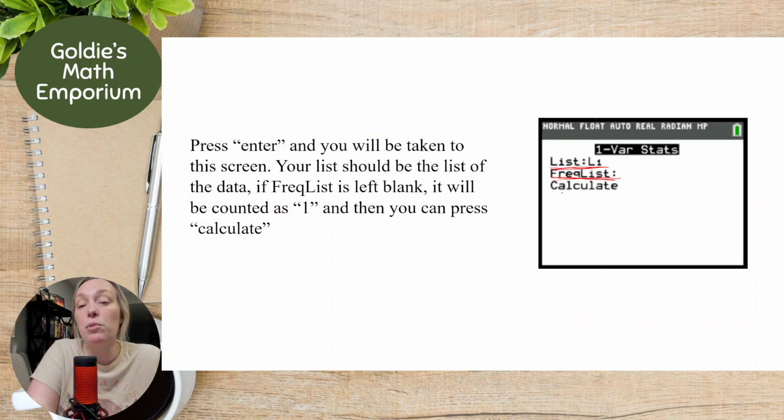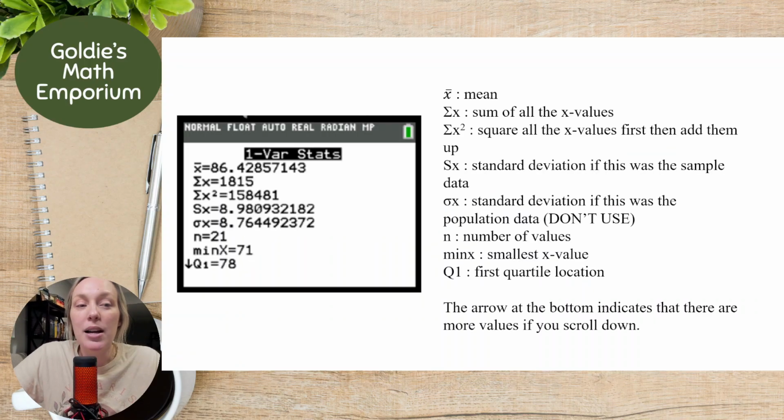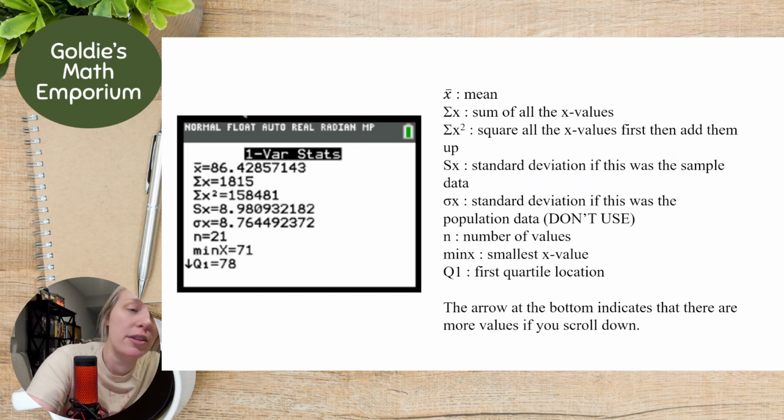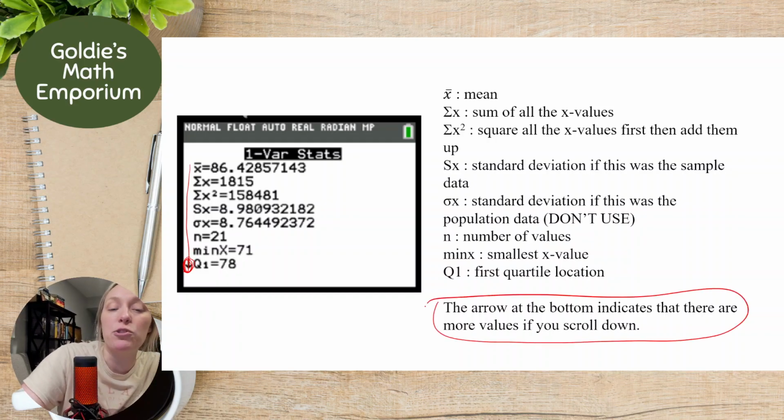Okay, and then you can press calculate. Okay, press calculate. And then you get all of your summary statistics, okay, all listed. And you can even see here, they're all going to be over here. And you can even see this little down arrow indicates that there's more values if you scroll down. Okay, that's what that means.